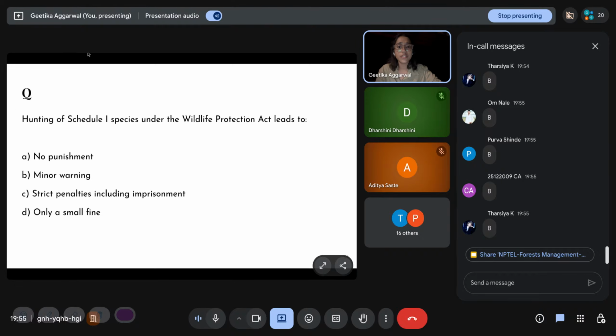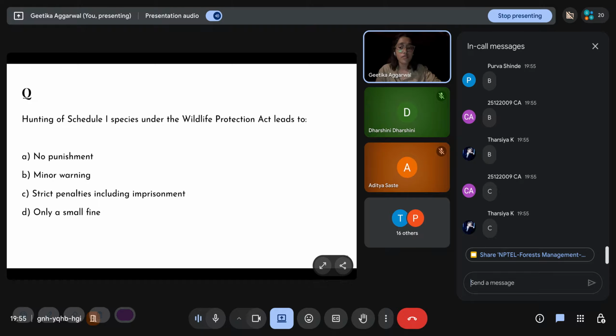Hunting of Schedule 1 species under the Wildlife Protection Act leads to no punishment, minor warning, strict penalties including imprisonment, or only a small fine. So, what will happen if you hunt a Schedule 1 species under the Protection Act? Will you get no punishment? Will you just get a warning?